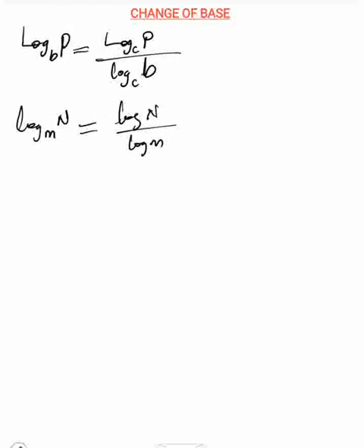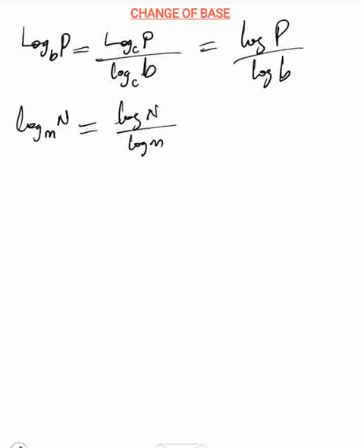Now, let's discuss the change of base. If we have log of p to base b, we can rewrite it as log of p over the log of b. We can even write it as log p over log b.